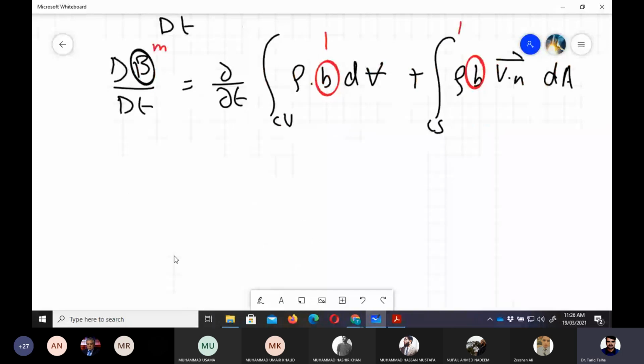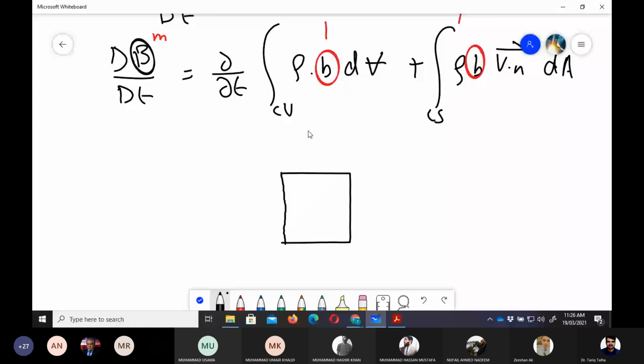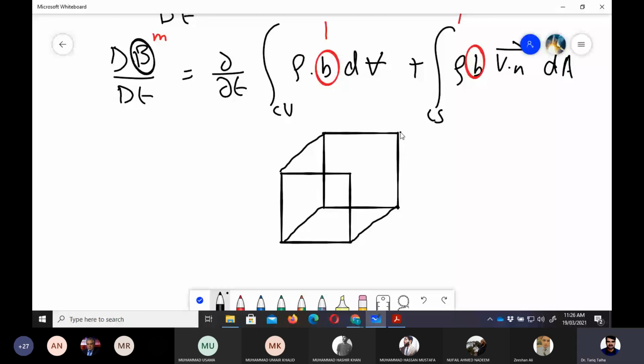If I draw a differential control volume here, this is our cubic control volume.